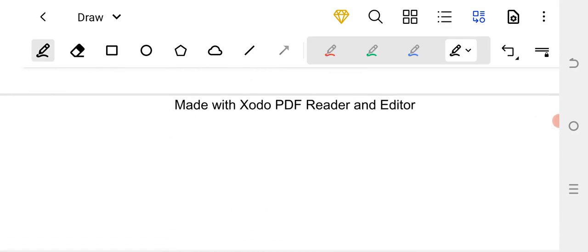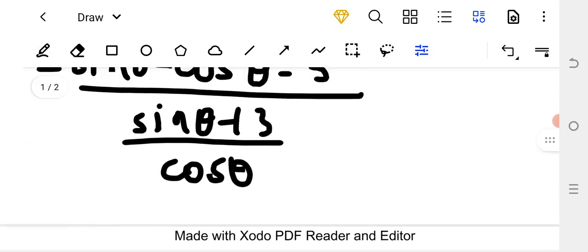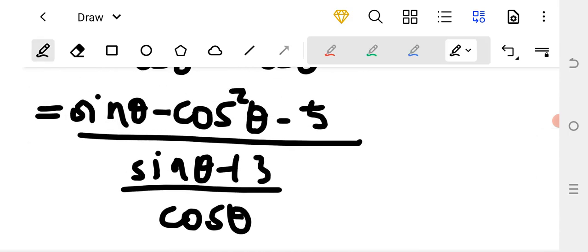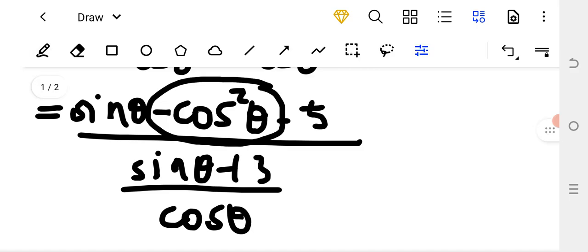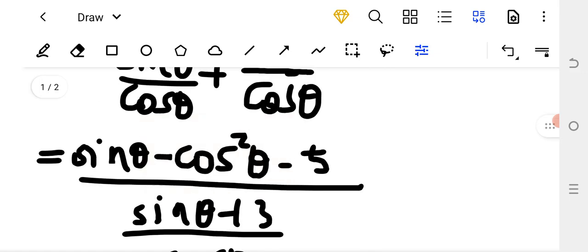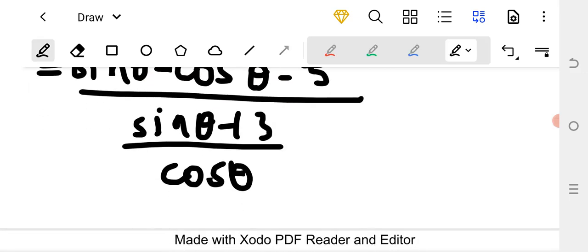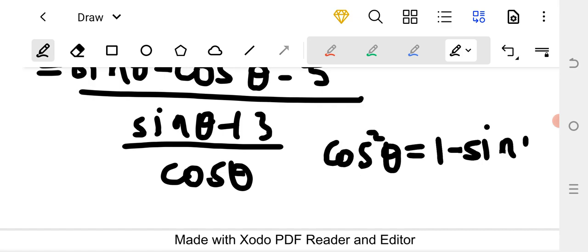So my aim is to make this cos theta squared become something that has sine theta squared. One thing we know is cos theta squared is equal to 1 minus sine theta squared.